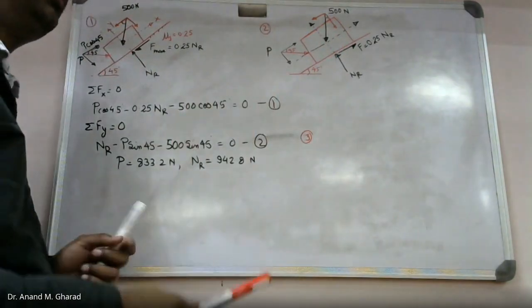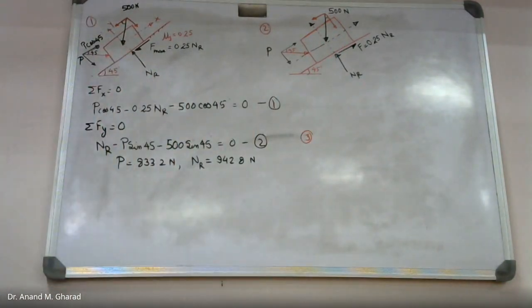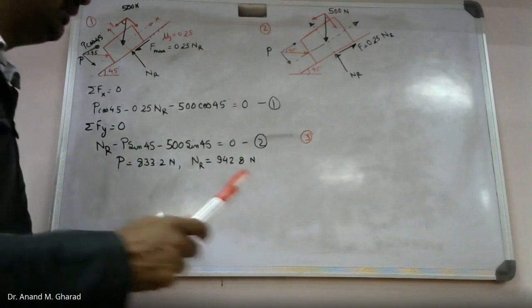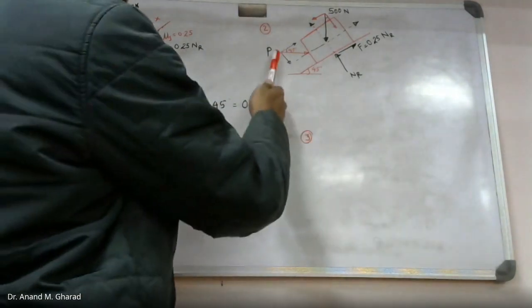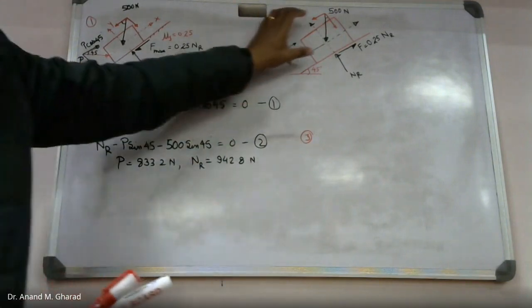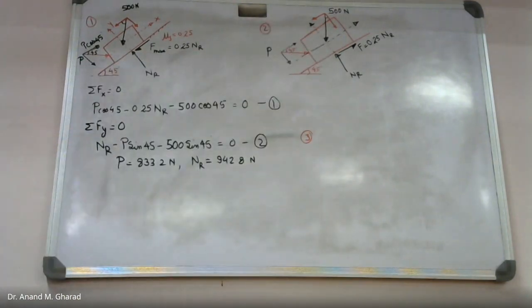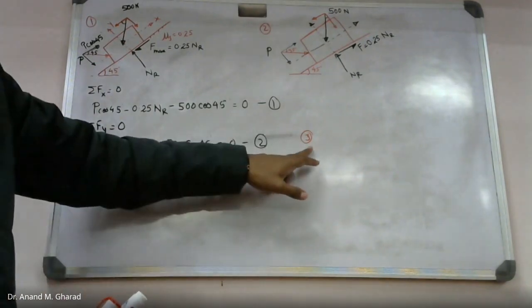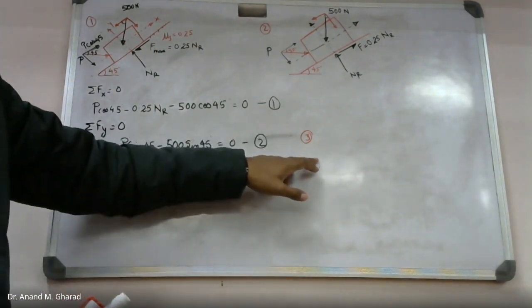We first need to verify that, and after verification we will be in a position to identify the actual value of P which will keep that rigid body in steady state or equilibrium. So case number 3 I will be discussing in the next class.